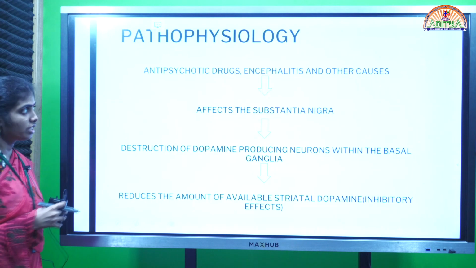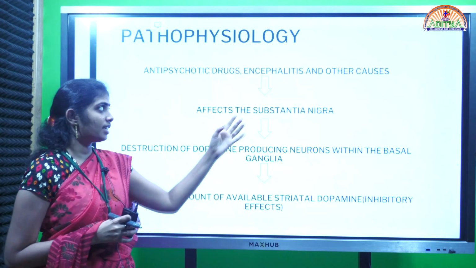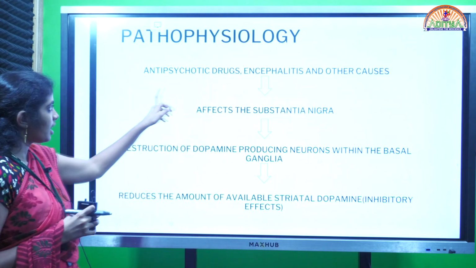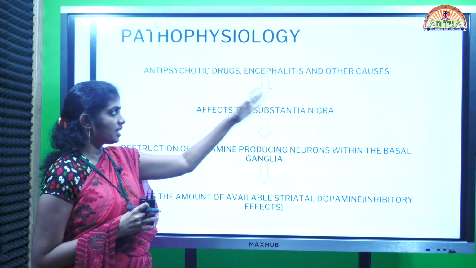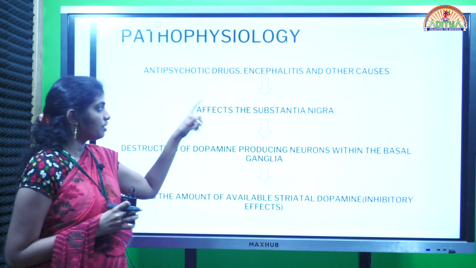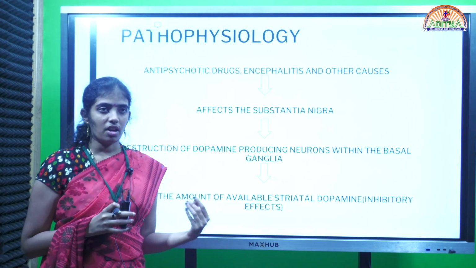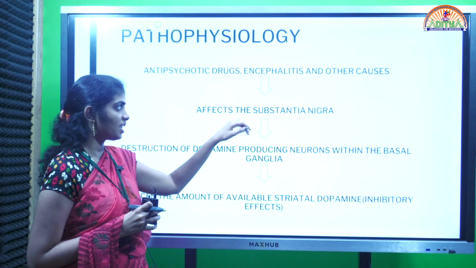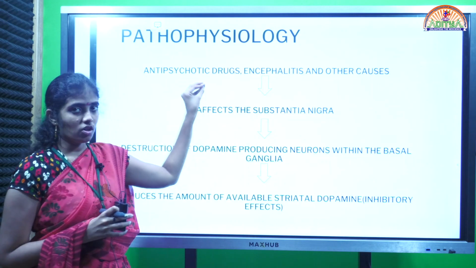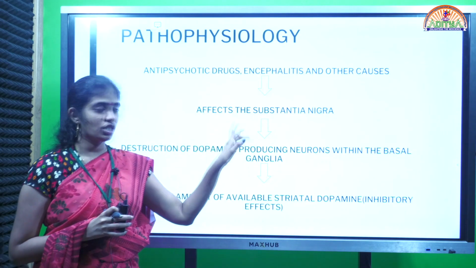Next, coming to pathophysiology, antipsychotic drugs or encephalitis and other causes which we have seen before can affect the substantia nigra. In the basal ganglia, there is a substantia nigra. Because of these causes, there will be an effect on the substantia nigra.